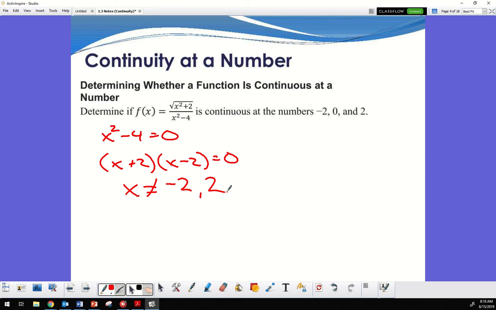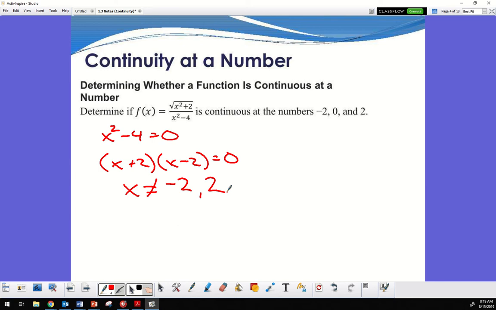But see this plus 2 right here? Since it's positive, I'm adding. From that x squared, I'm always going to get a 0 or a positive number, and then I add 2 to it. So no matter what I do, I'm only going to get positive numbers. Since I'm only going to get positive numbers here, I don't have to worry about that as a restriction.